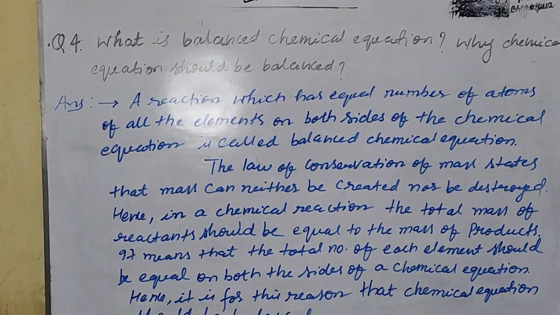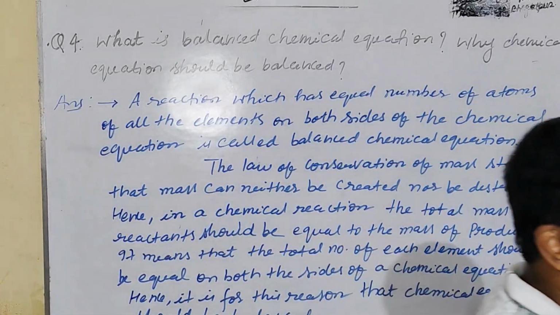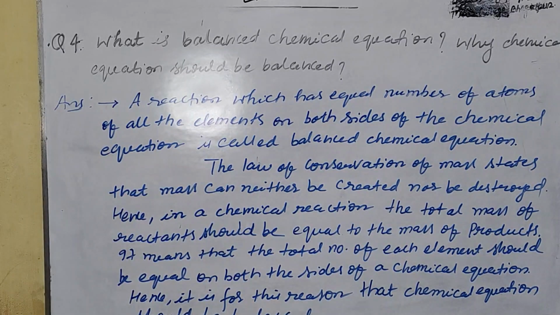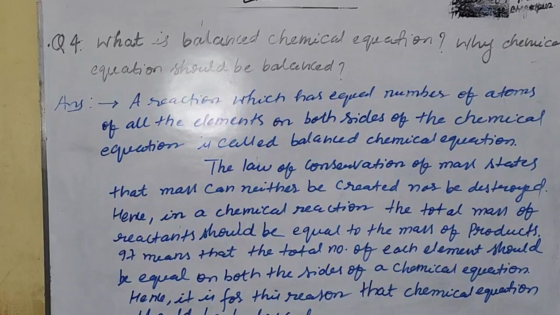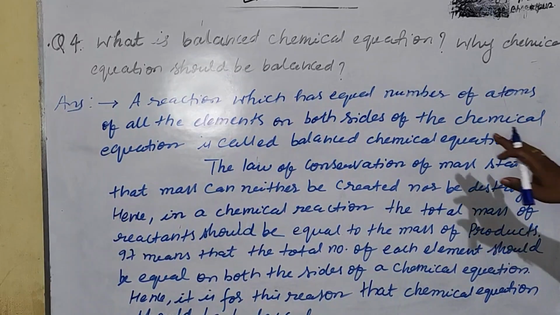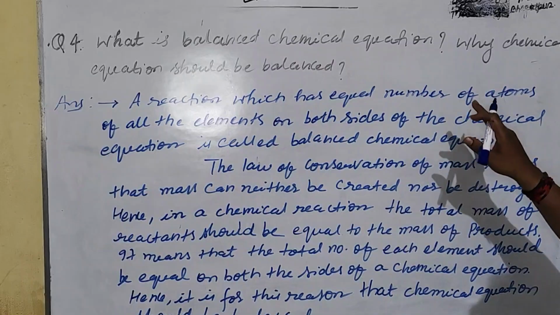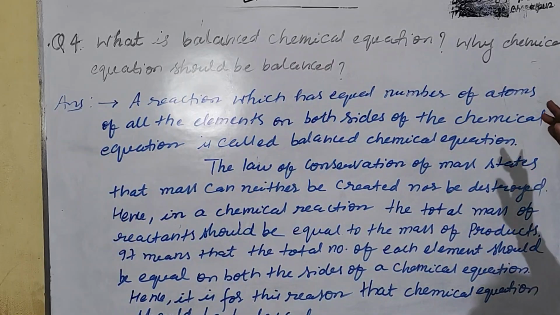You can take different examples, as we taught in my previous video about chemical reactions and equations. There are lots of things present there. According to the law of conservation of mass, mass can neither be created nor destroyed. So a reaction which has an equal number of atoms of all the elements on both sides is called a balanced chemical equation.